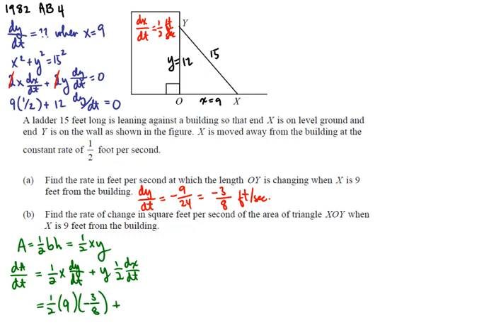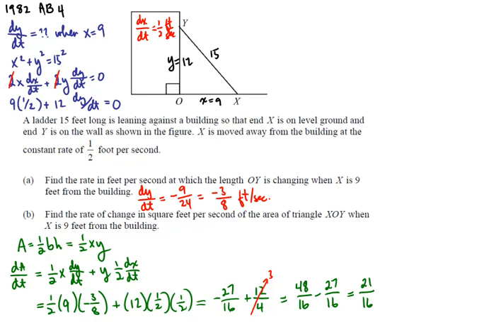So for the first, we'd get 1/2 times 9 times -3/8, and then 12 times 1/2 times dx/dt, which would be another 1/2 there, and this is going to bring us to -27 over 16 plus 12 over 4, which is just 3. So in terms of sixteenths, that would be 48 sixteenths, then minus 27 sixteenths, or 21 sixteenths feet squared per second.